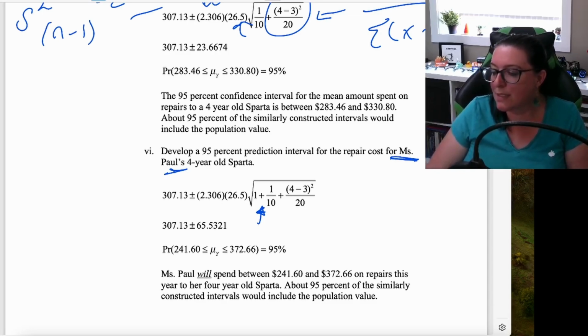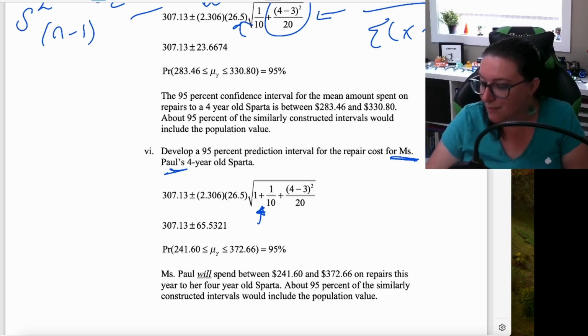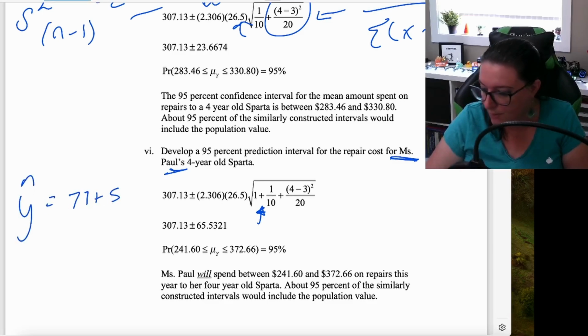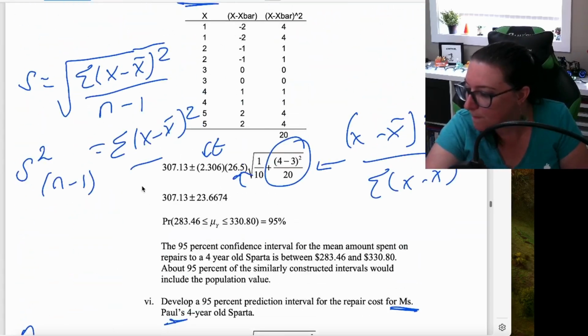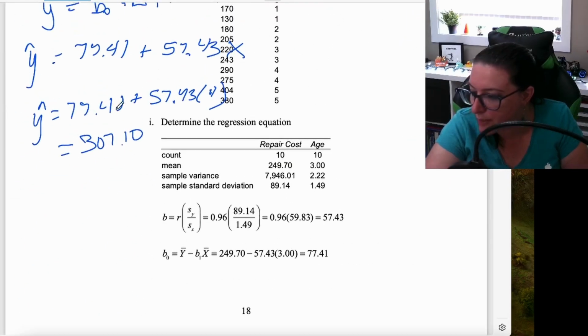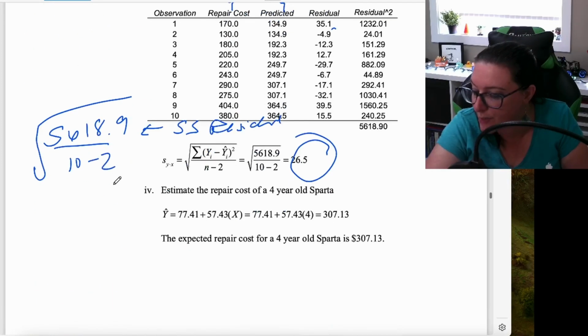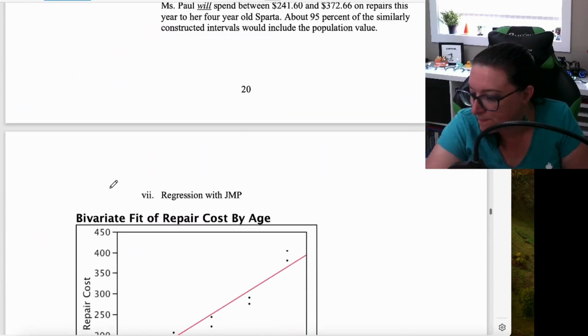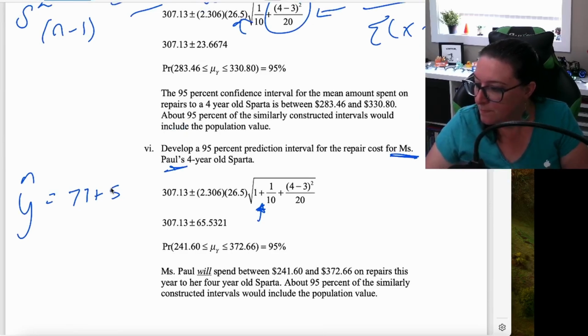So in this case, same procedure. The point estimate comes from our y hat. We calculated this y hat equals 7741 plus 5743 times 4, which gave us 30,710.